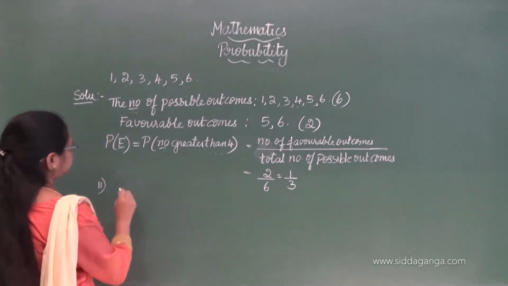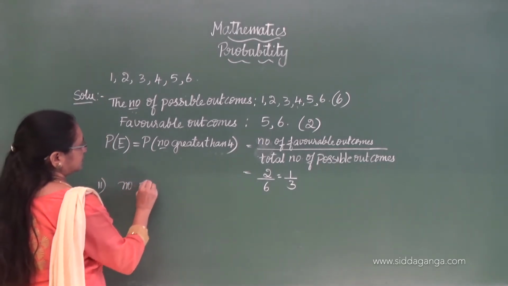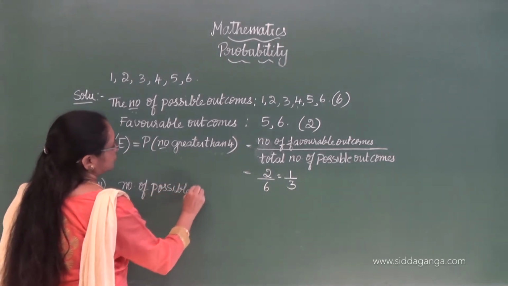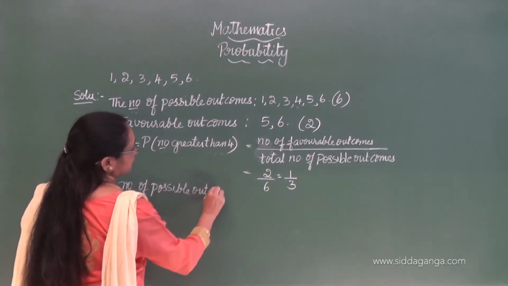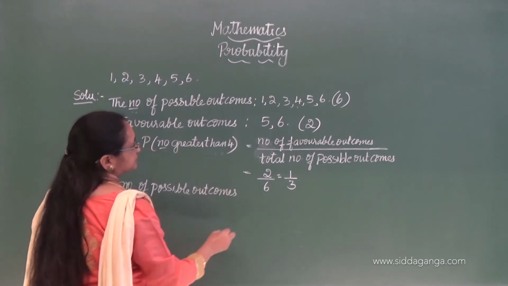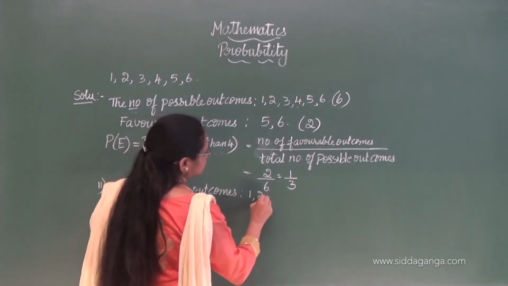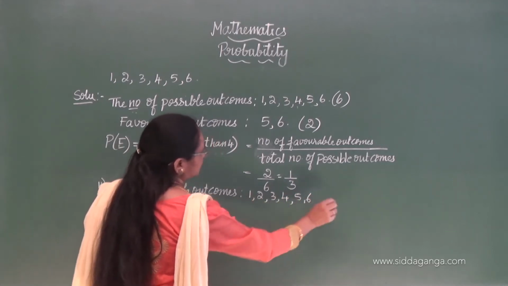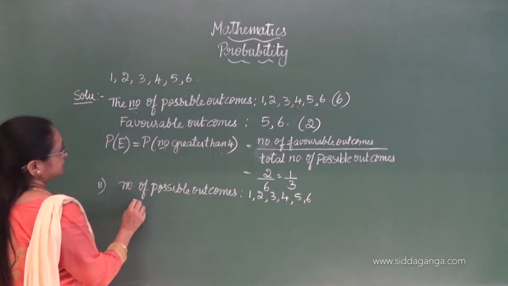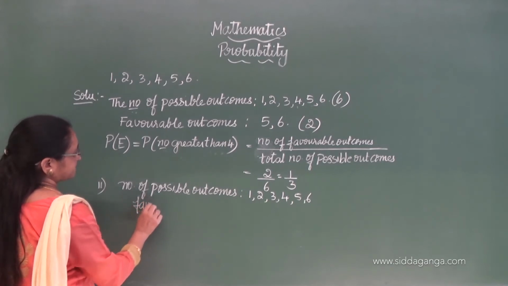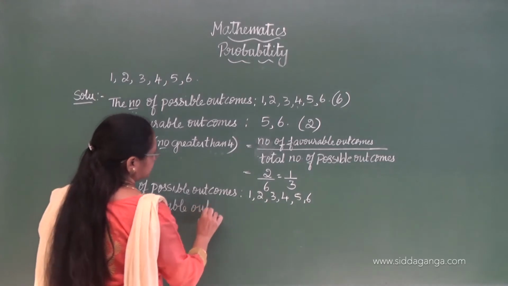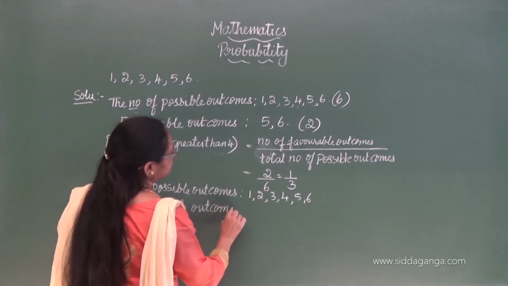we'll write again number of possible outcomes. Again this is 6 only: 1, 2, 3, 4, 5 and 6. This is the total possible outcomes. Then favorable outcomes.